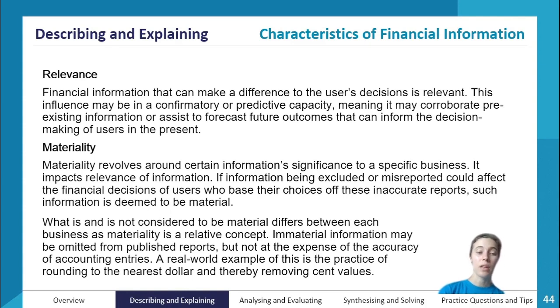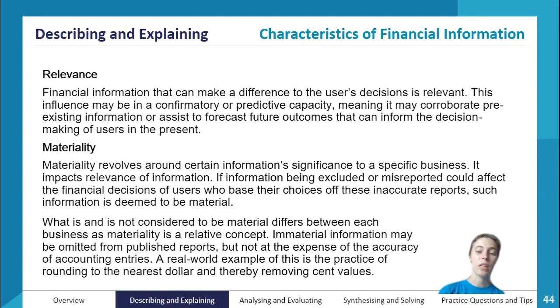And part of this is materiality. So this revolves around certain information's significance to a specific business. So it's intertwined with this idea of relevance. If information being excluded or misreported could affect the financial decisions of users who base their choices off these reports, then that information is deemed to be material.